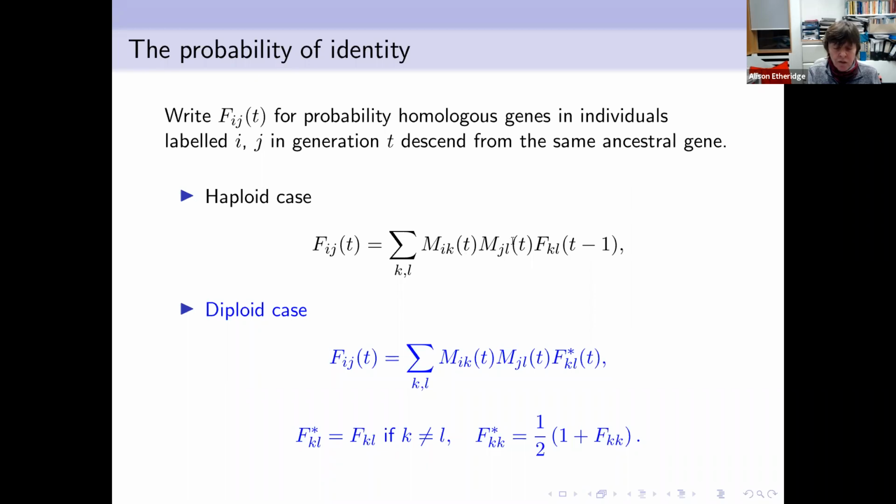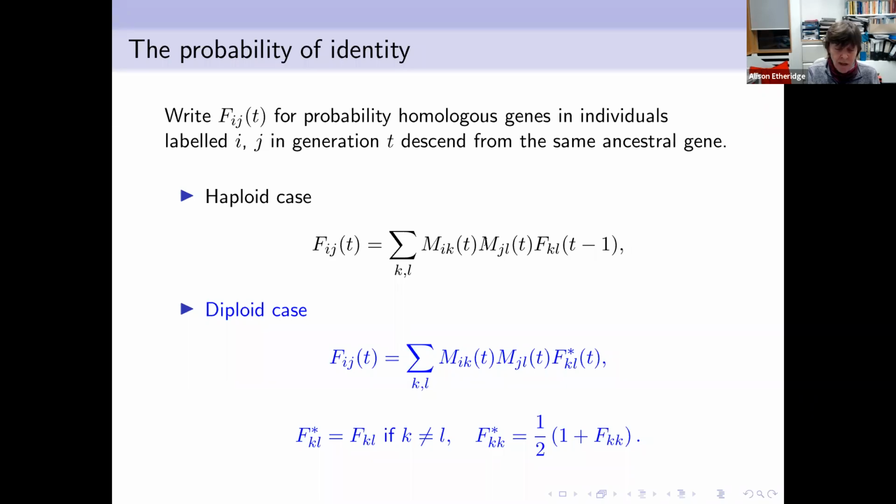So when I multiply these two things together, I'm going to get a quarter for each of the possible pairs of parents. And Mendelian inheritance says the probability that I inherit my genes in individual I and individual J from any one of those pairs is precisely a quarter.